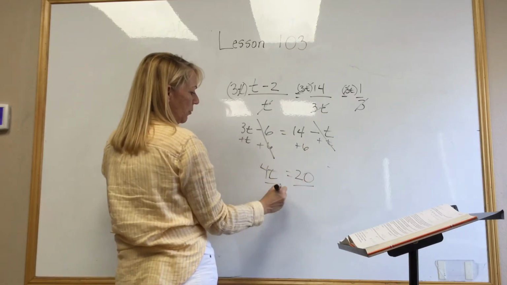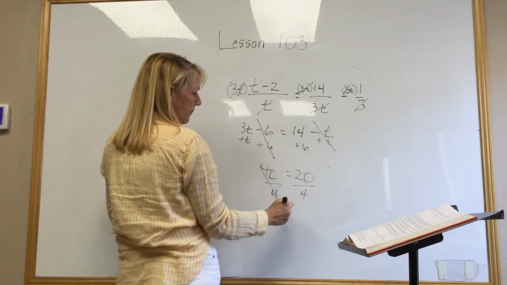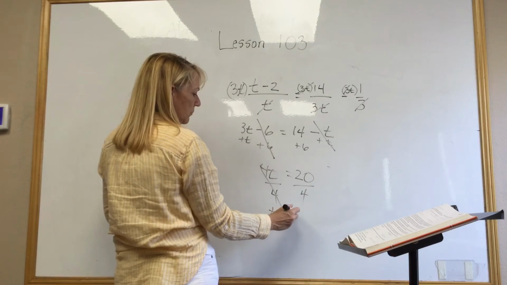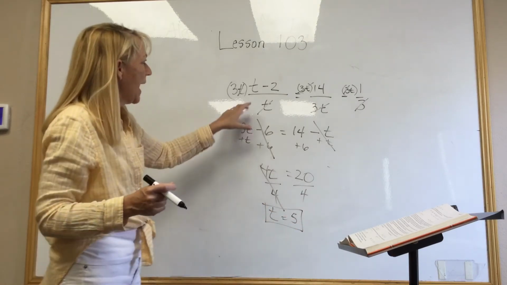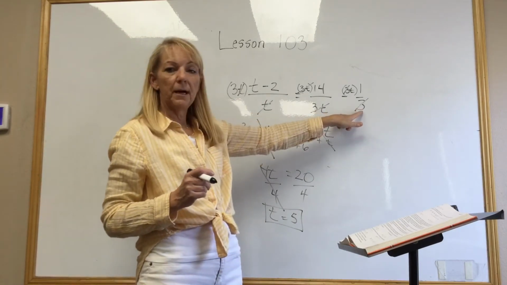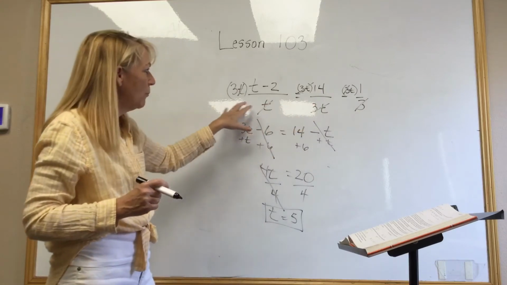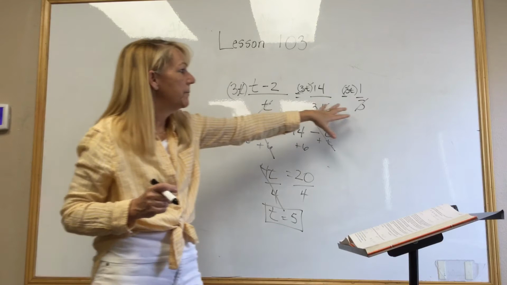Divide both sides by 4, cancel out. 20 divided by 4 is 5, so t equals 5, and that is my answer. So, to recap, there's a t, there's a 3t, and a 3 in my denominators. You find some way to put them together, and you can cancel them out to make no denominator.